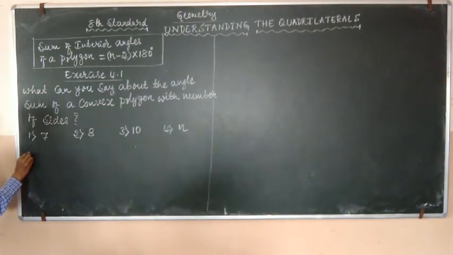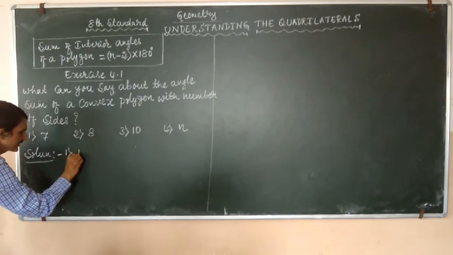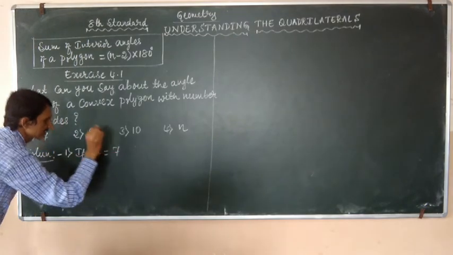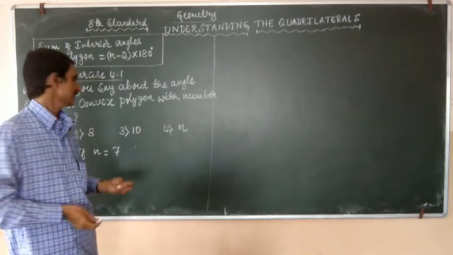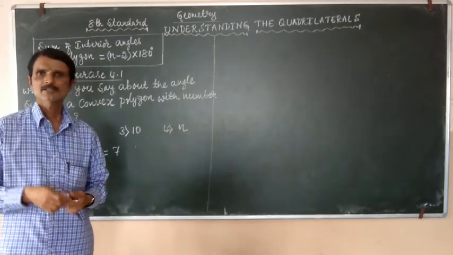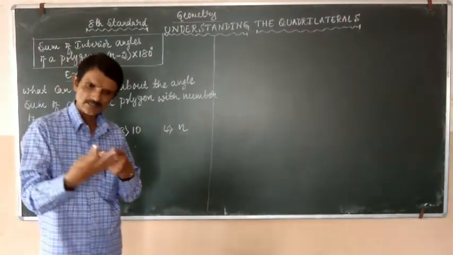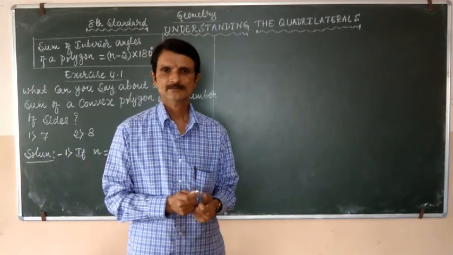Solution part, students. First one, if n equals 7, so name the polygon. Recall the previous period.